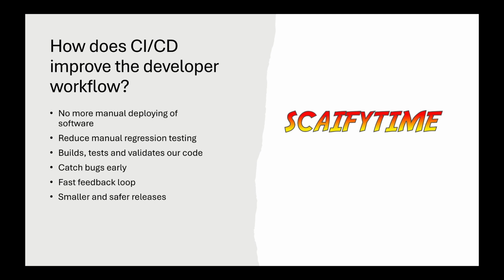Issues are fully preventable. So releases become smaller and safer as we can avoid big risky updates. If we do end up with a bad release and it needs to roll back, then this is a simple task to do. So in a moment, I'll show you my pipelines.